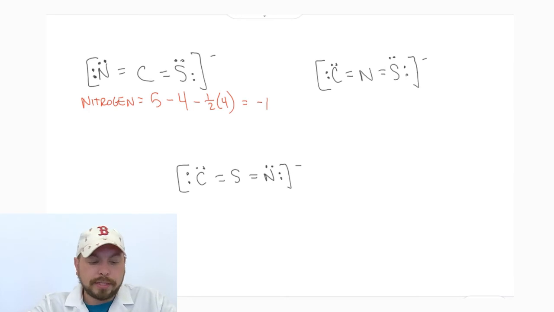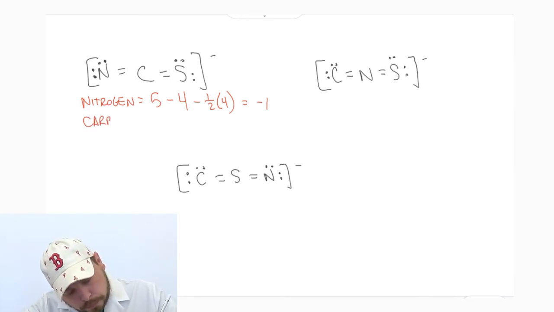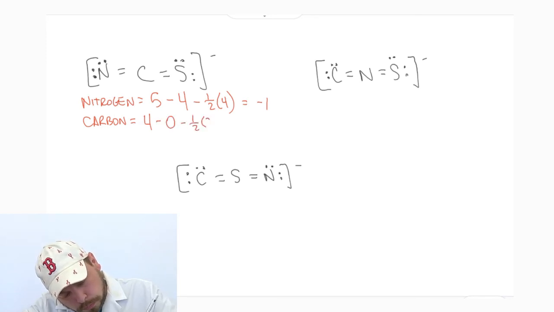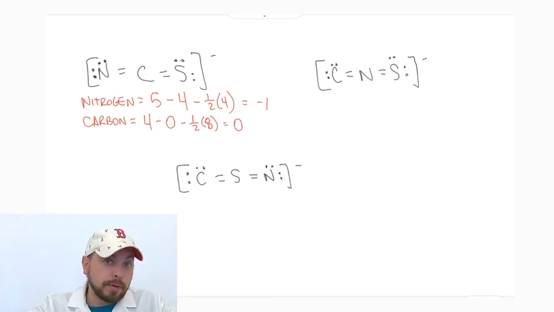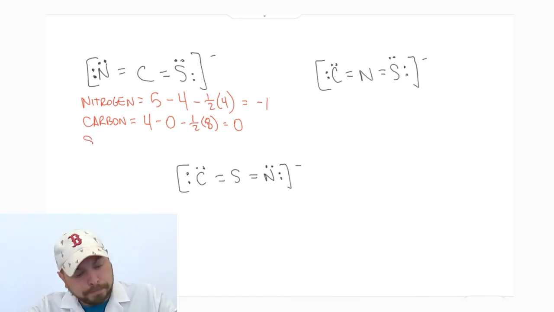The carbon in this case has a formal charge of 0, 0 electrons in lone pairs, 8 total electrons in the bonds, the 2 double bonds. Therefore, its formal charge is 0.